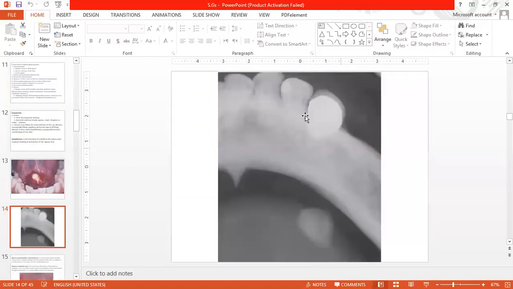It's also a case or image of an occlusal view, and this is the stone of the submandibular salivary gland.